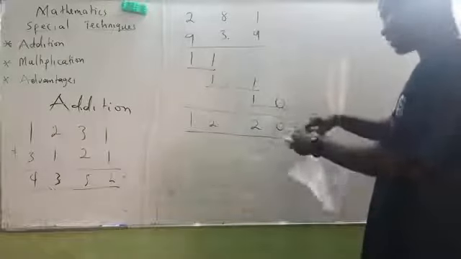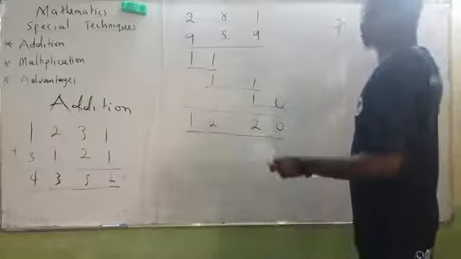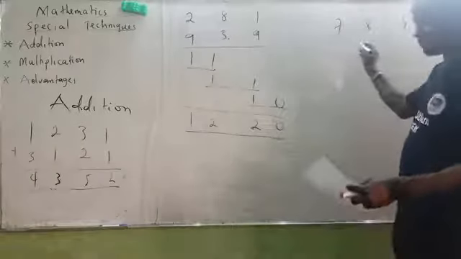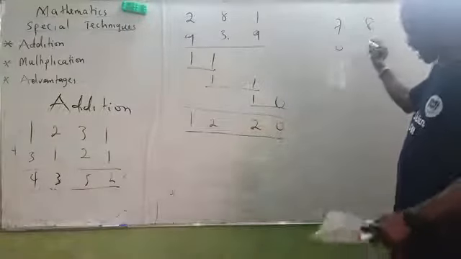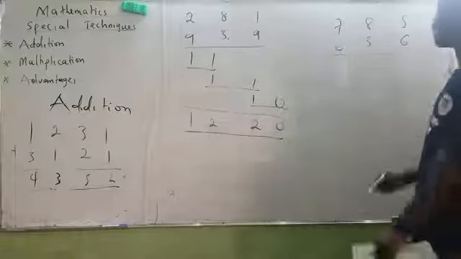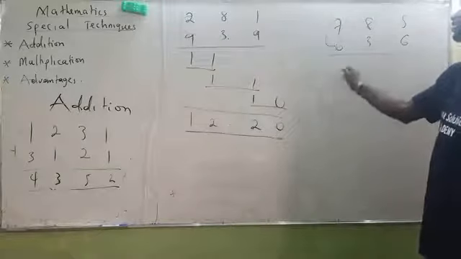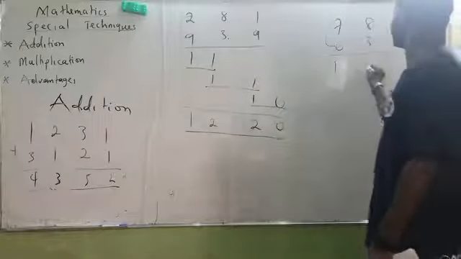Let me give another problem. Plenty of numbers are here. Let me just pick up one of them. Like I have 7, 8, 5, I have 6, I have 3, I have 6. Now, I want to add up this number. What I just need to do, this plus this, it will be what? It will be 13.